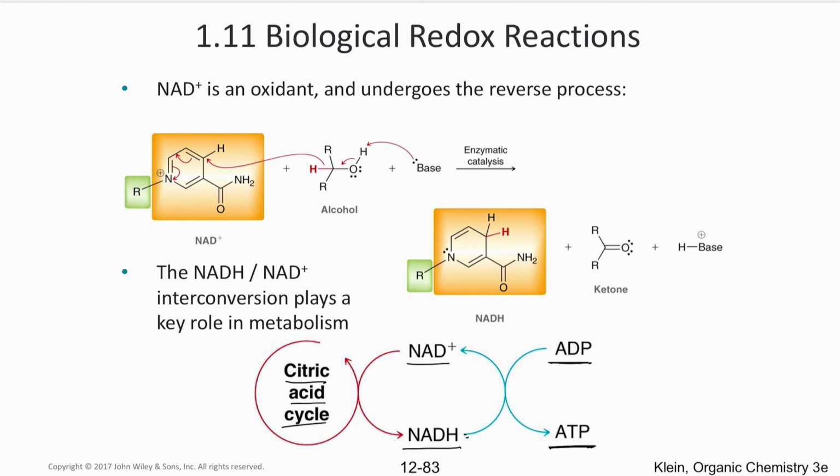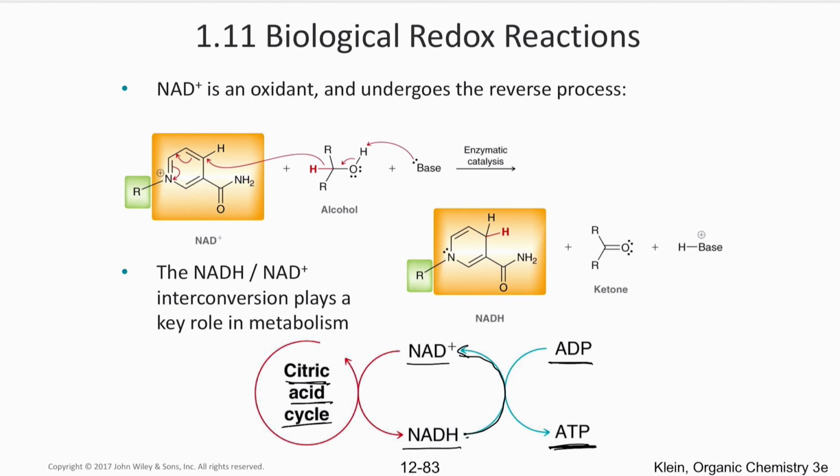So this conversion of NADH to NAD+ is one of the most important biological processes that you will encounter, and you will see it occurring in a lot of biological reactions, because it is one of the sources of energy in the citric acid cycle to create ATP.